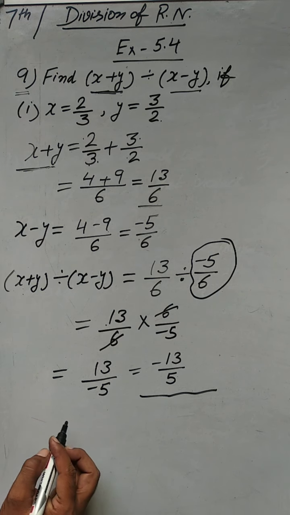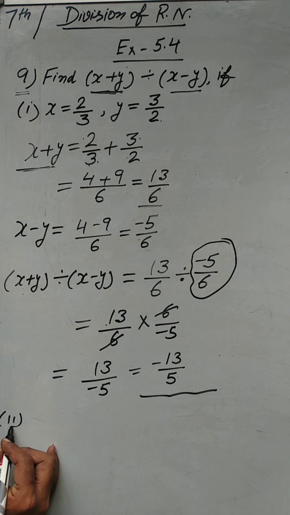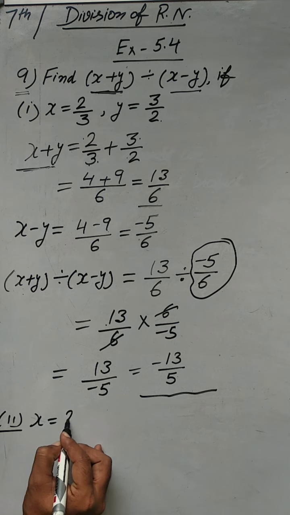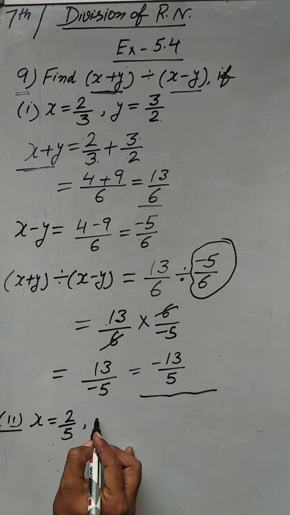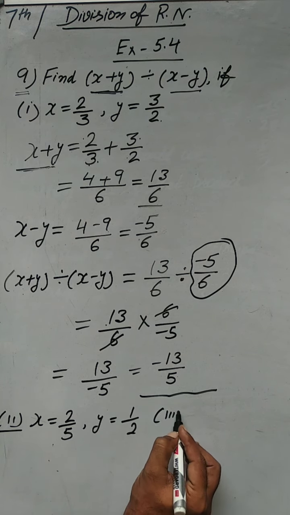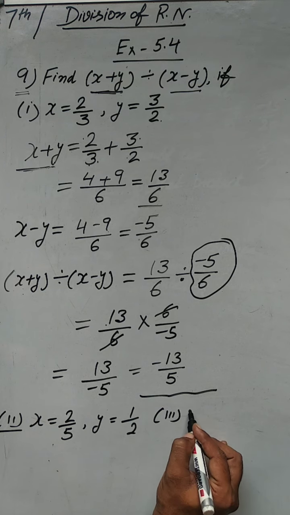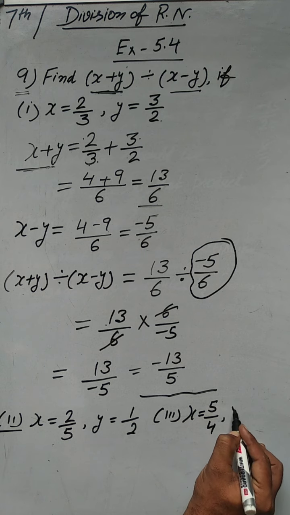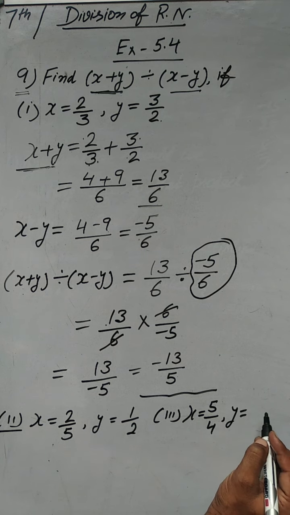Very easy. Other parts. Question 9 has 3 parts. Part 2 is, beta, x is equal to 2 upon 5, y is equal to 1 upon 2. And part 3 is, beta, x is equal to 5 upon 4 and y is equal to minus 1 upon 3.